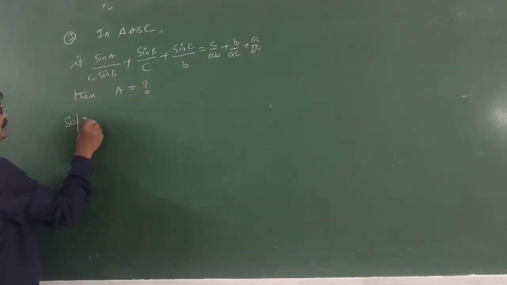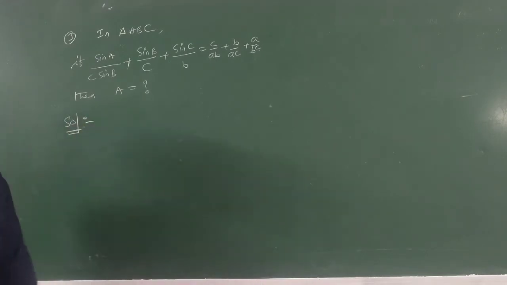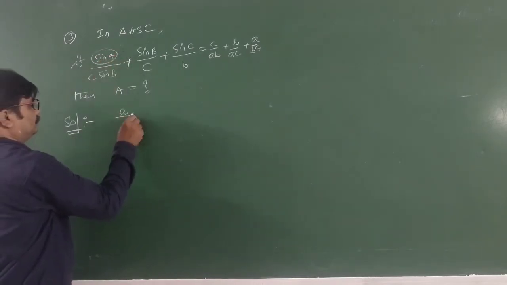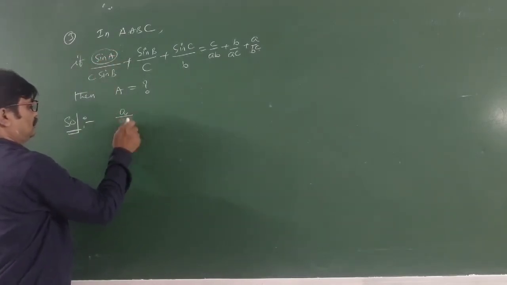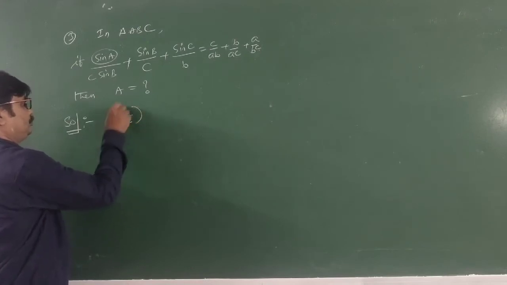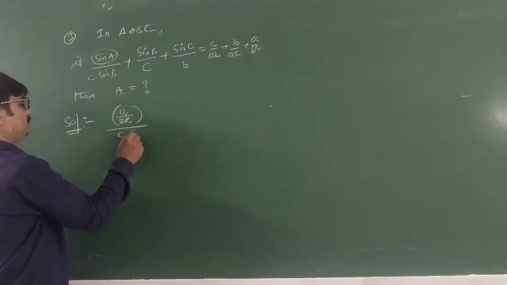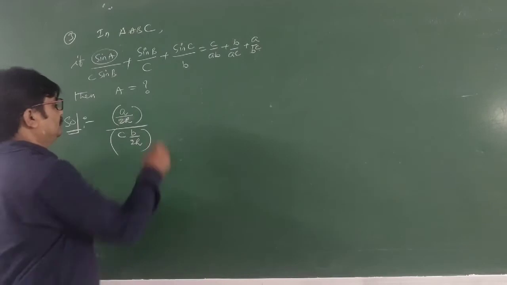So students, everybody knows that sin A is A by 2R, and sin B is B by 2R. Is it clear?